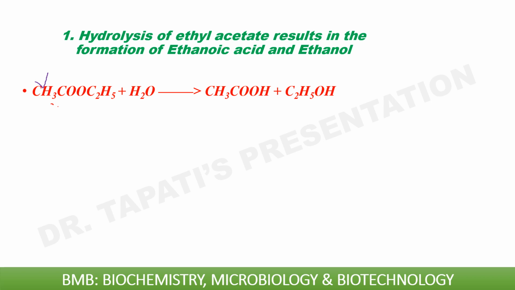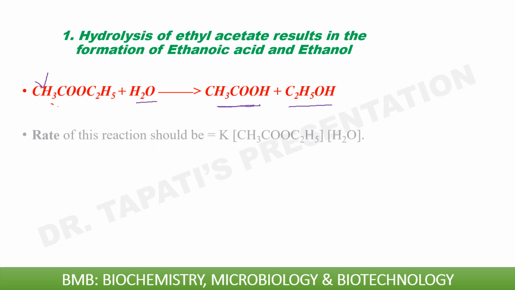So ethyl acetate is reacting with water and it will produce ethanoic acid and ethanol. Ethanoic acid or acetic acid and ethanol. So hydrolysis of ethyl acetate results in the formation of ethanoic acid or acetic acid and ethanol.